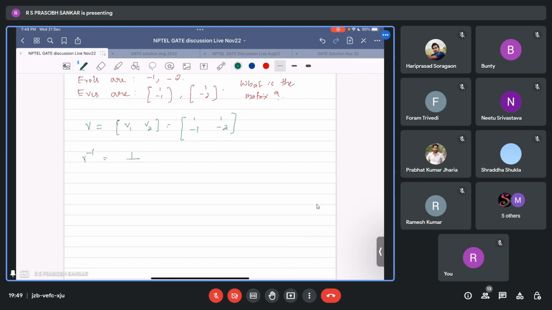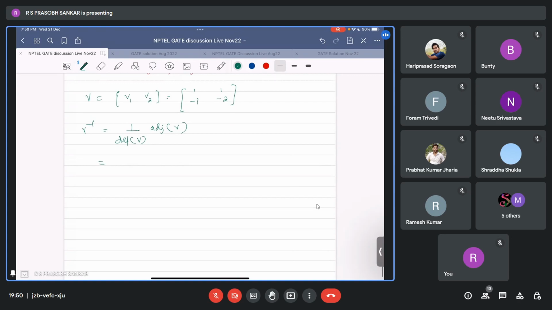And what is V inverse? 1 by the determinant, which is -2 minus -1, that is -2 plus 1, so -1. Then the adjoint means the diagonal entries are swapped and the signs of the off-diagonal entries are flipped. Okay, did I do it right?